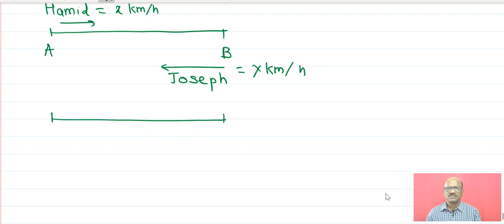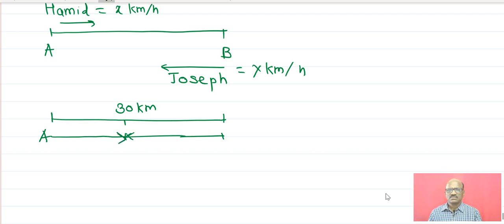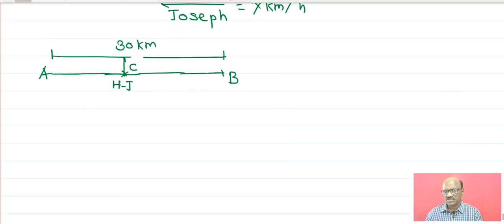Therefore, in the first case, the distance between them is 30 km. Now after traveling, they meet each other at a point C. Means what? The sum of the distance travelled by both of them is 30 km.